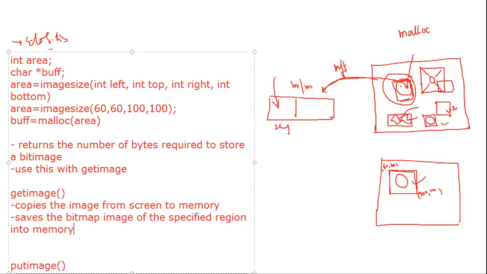Okay, so memory कौन सी, जो आपने allocate की है. तो we can say the get image function will be used to copy the image. Okay, this we have copied the image from the screen to the memory.